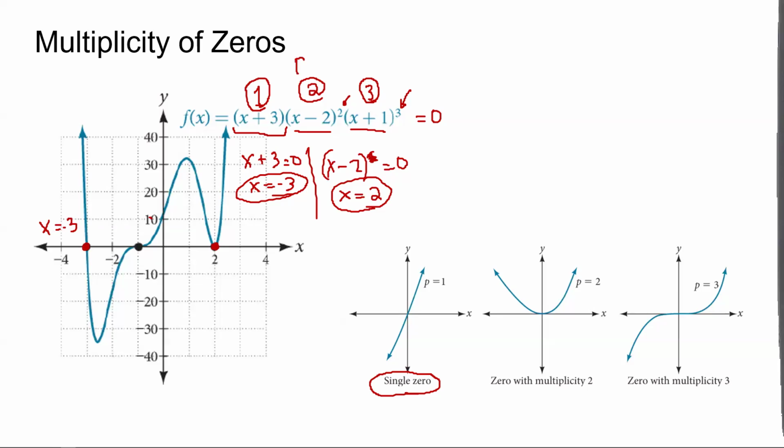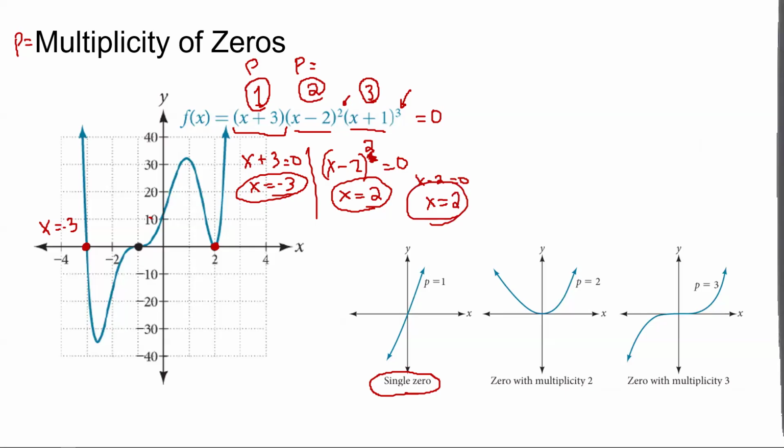Sometimes you'll see them use the letter P to represent the multiplicity. Not really sure why. But for the x plus 3, p equals 1. That root only happens once. For x equals 2, the multiplicity p is equal to 2 because I get it twice there. That squared means I got to take the first one, I got to take the second one, and I get the same thing again, right?